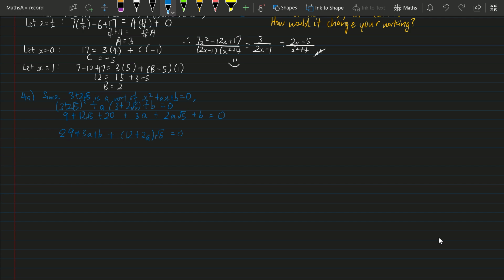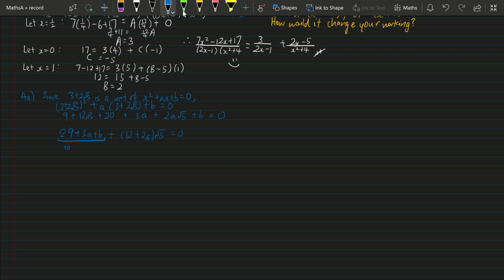Now this is where a bit of imagination or some of your more fundamental mathematical knowledge comes in. So why do I say this is an interesting question? Because you must remember that 29 plus 3a plus b is an integer.